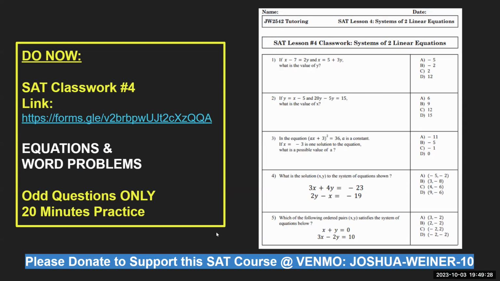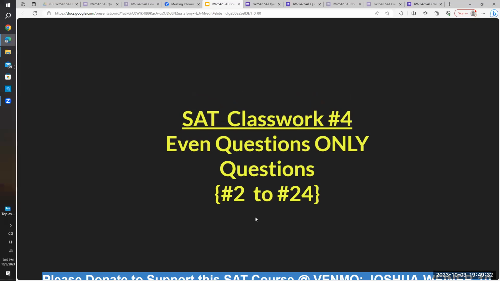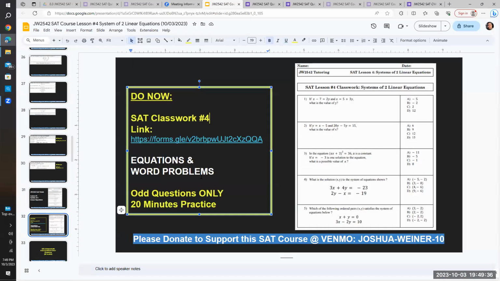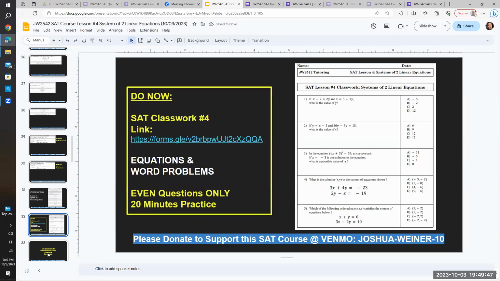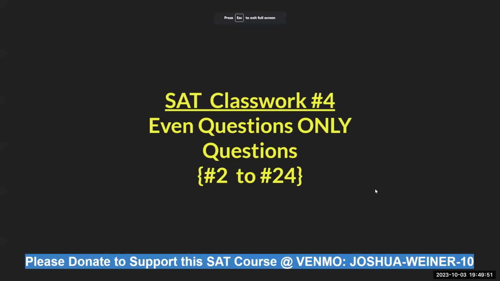Since it's lesson number 4, for the even lessons we're only doing the even problems, and for the odd lessons, we're only doing the odd numbers. So I invite you to try this SAT classwork number 4 that's used in tutoring houses in New York. Just questions 2 to 24 even.